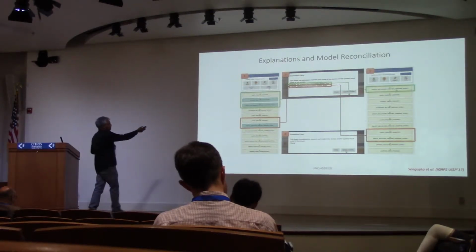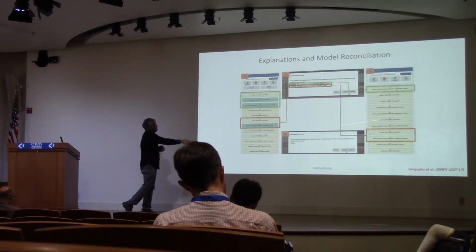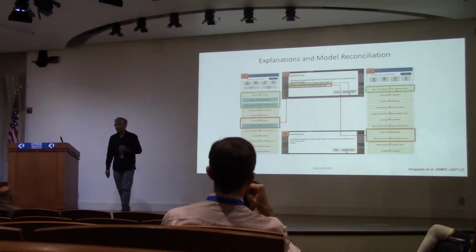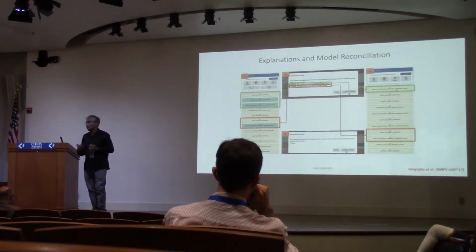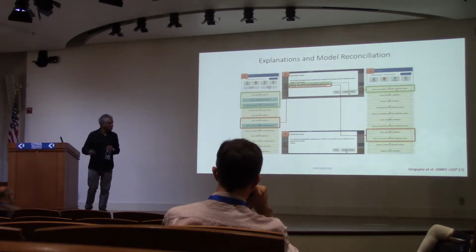Okay, so although I've been showing moving robots, you can do this also in the context of planners supporting decision making for humans. This is the stuff that we do for the NASA project.